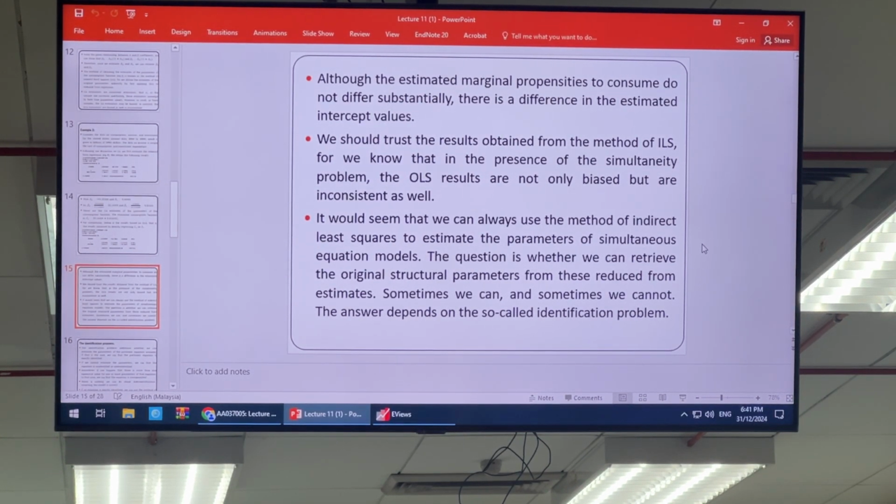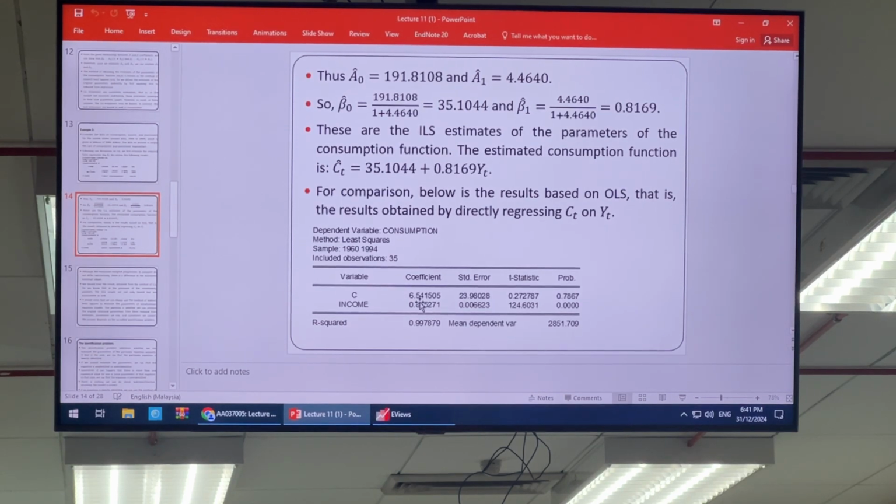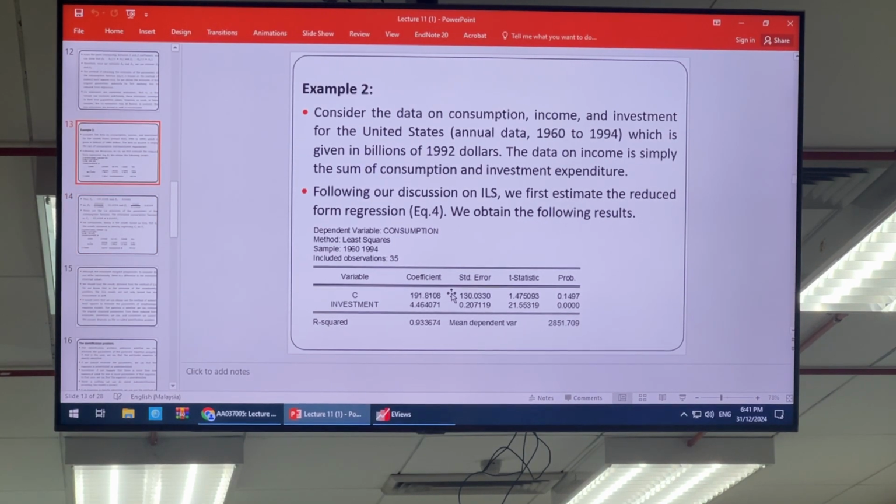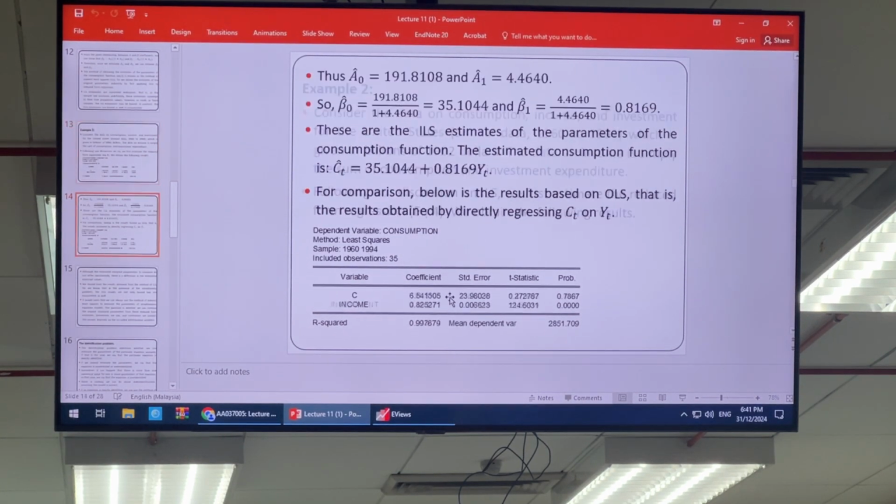The intercept is 6.54 if you use ordinary least square, but through indirect least square we get 35. For the slope, this one 0.85, this one 0.1, just slightly different. But it's the intercept that is different.